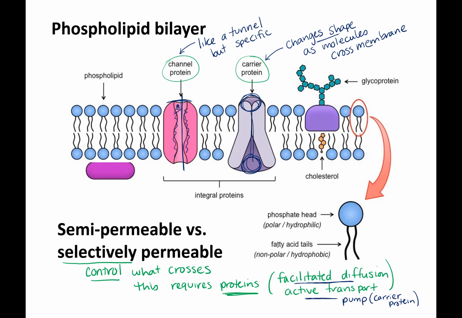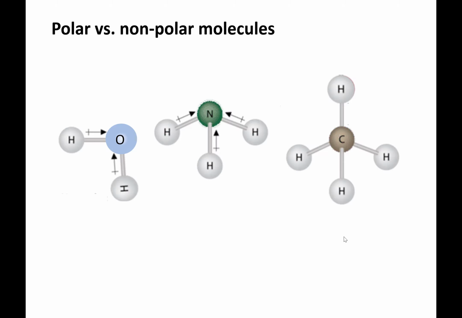Okay, so semi-permeable, selectively permeable. All right, let's talk about what can and cannot cross the membrane, and then we'll get back to our transport. I want you to remember what it means to be polar or nonpolar. Polar means there are slight charges or partial charges on the molecule. So here's water, our classic polar molecule.